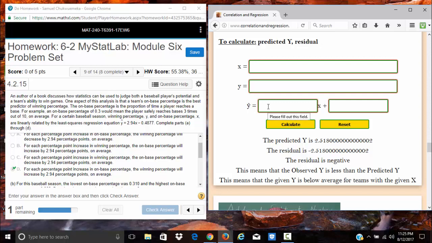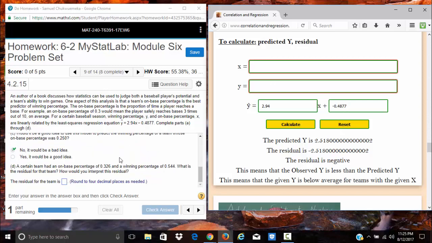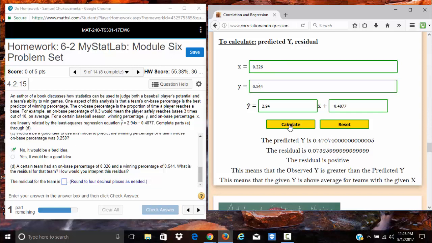Let's type in the least squares regression equation, that is 2.94x minus 0.4877. In this case, for part D, x is 0.326, which is the on-base percentage, and y is 0.544. Calculate.